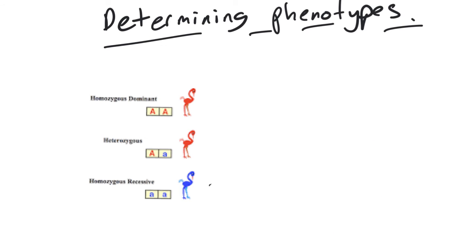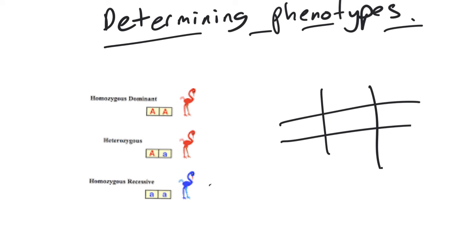So let's now take that a step further. Let's say this time we've got 2 heterozygous parents mating. So what colour coat will their offspring have? Well, again, we do the same thing. We set up our Punnett square. This time, remember, we're using 2 heterozygous parents. So we use a big A, little a, and we split these gametes up. Big A, little a. And then we do the same as we did last time.